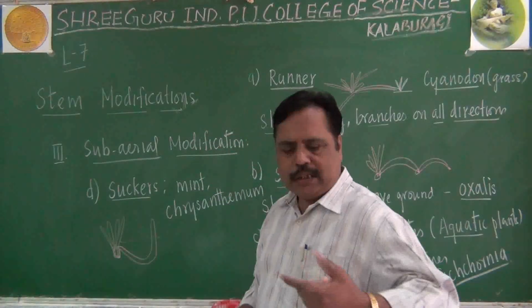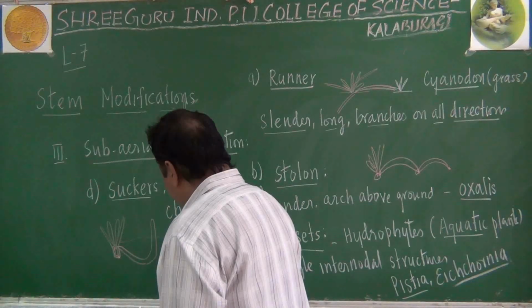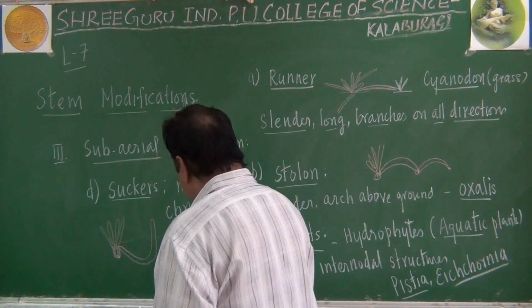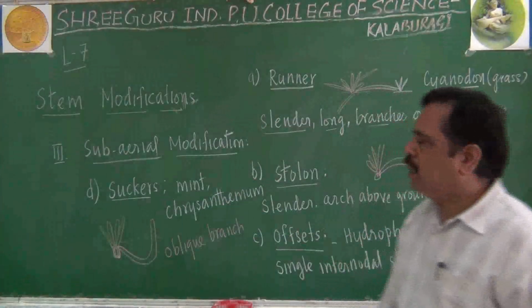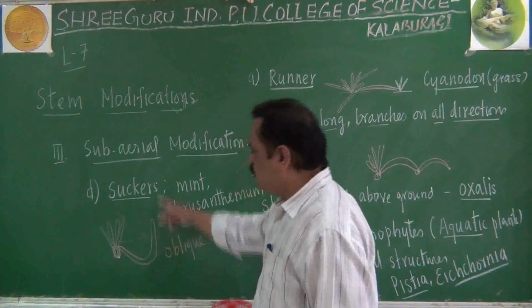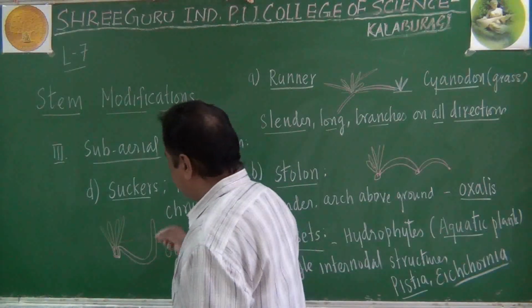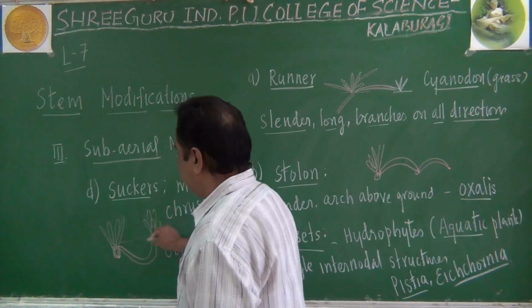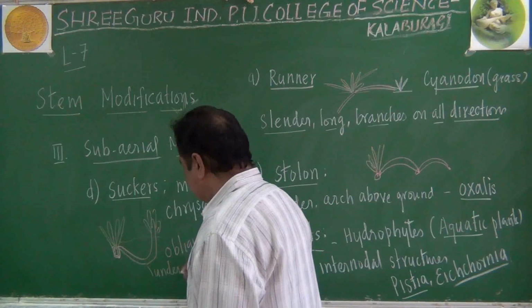This type of sudden growing is called oblique branching. That is called oblique branch, not horizontal branch like runner and stolon. They will suddenly produce an oblique branch where they will produce leaves and flowers again. So this is the underground part of this sucker.